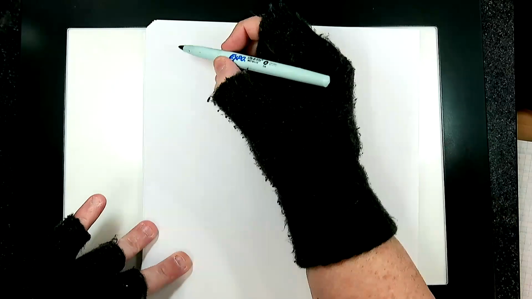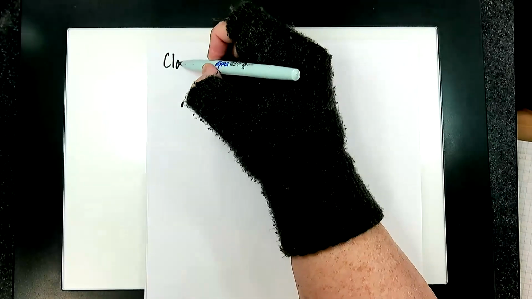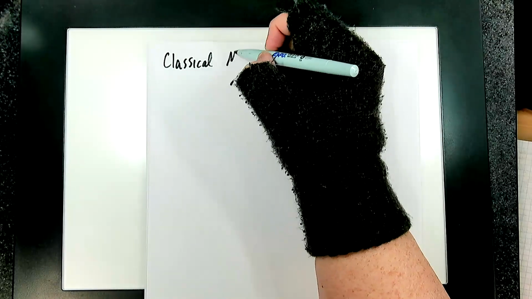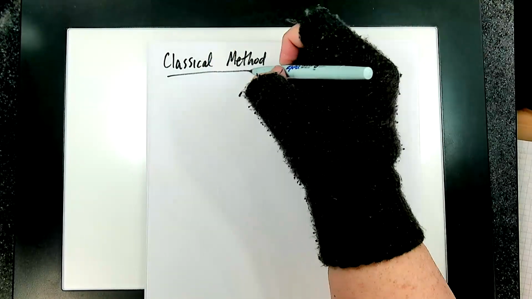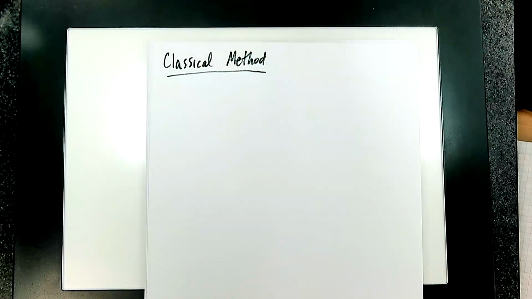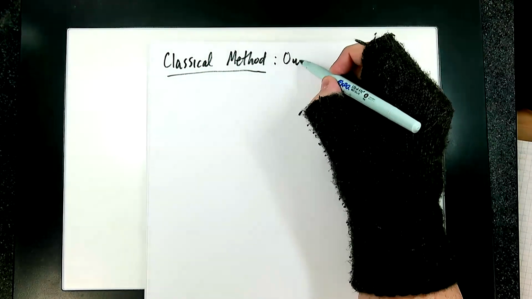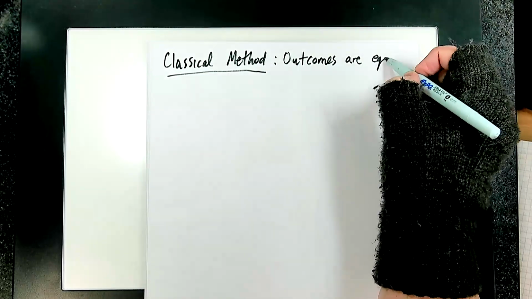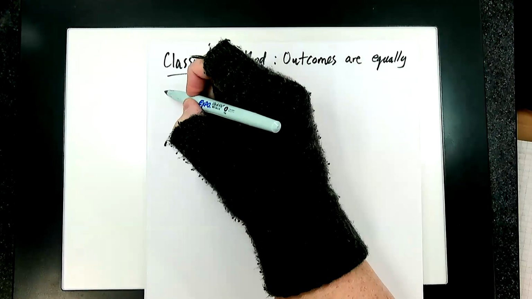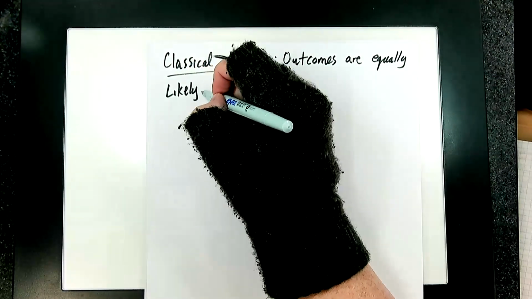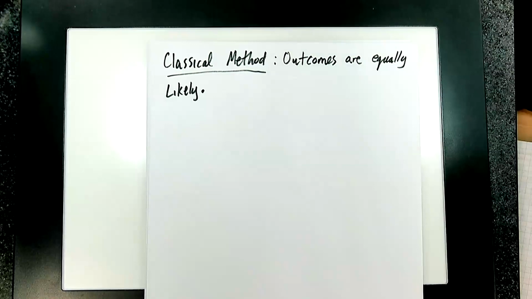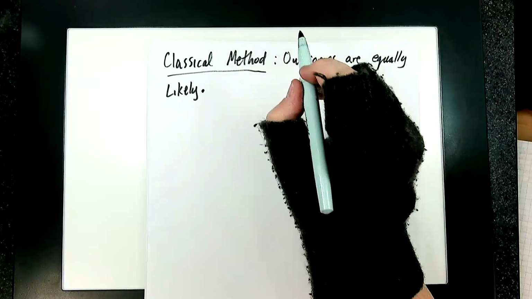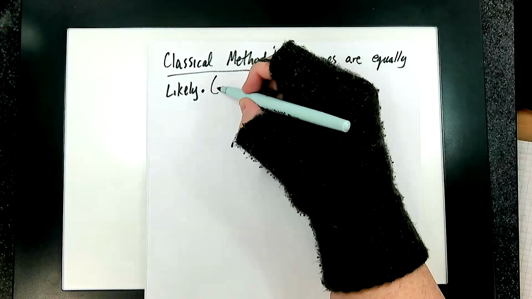That's worrisome. Okay, so for some stuff we do something called the classical method. This is where the outcomes are equally likely. Outcomes, the individual outcomes.